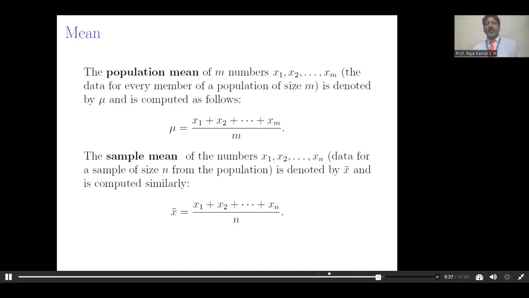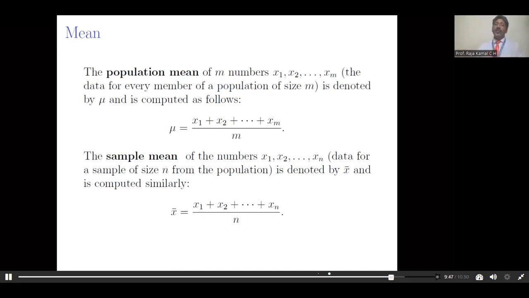So 350 plus 340 plus 330 plus 320 plus 310 divided by m. M means the total count. How many students are there? 5 students are there. 1, 2, 3, 4, 5. So the count m is equal to 5.